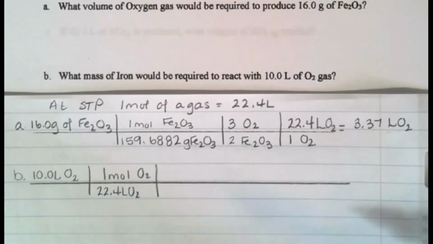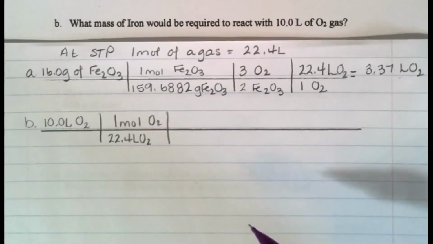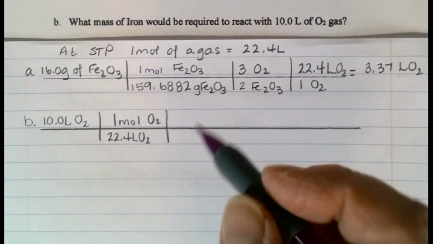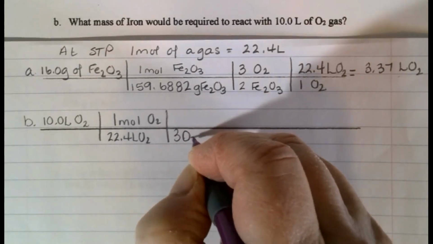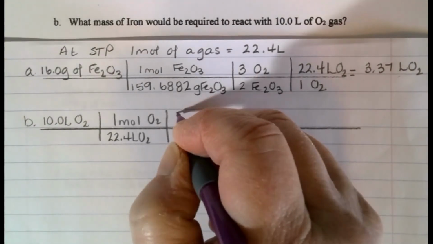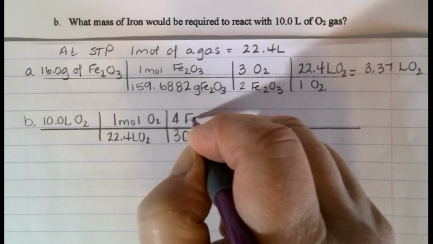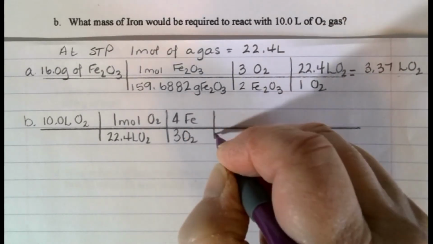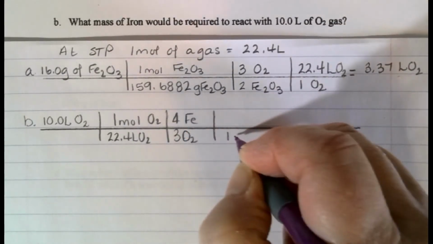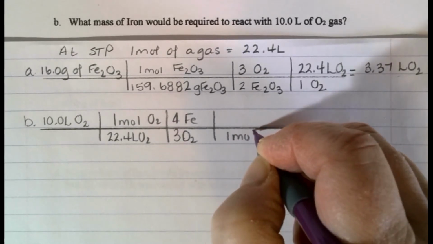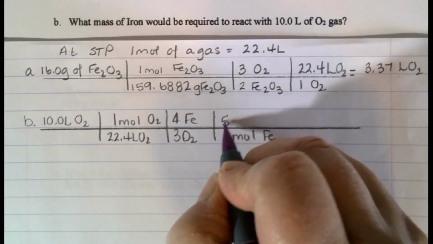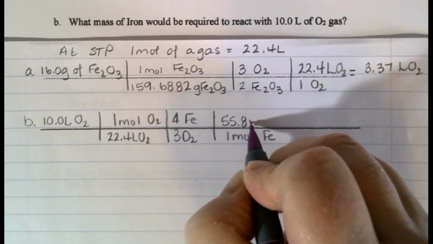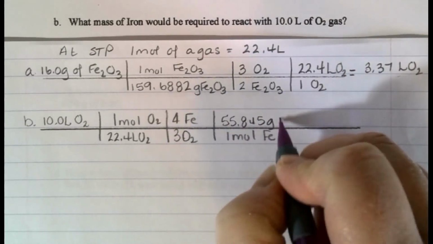So I'm going to go back to my problem, and I'm going to put the 3 moles of O2 here, and the 4 of iron. And I know 1 mole of iron is, from the periodic table, 55.845 grams of iron.